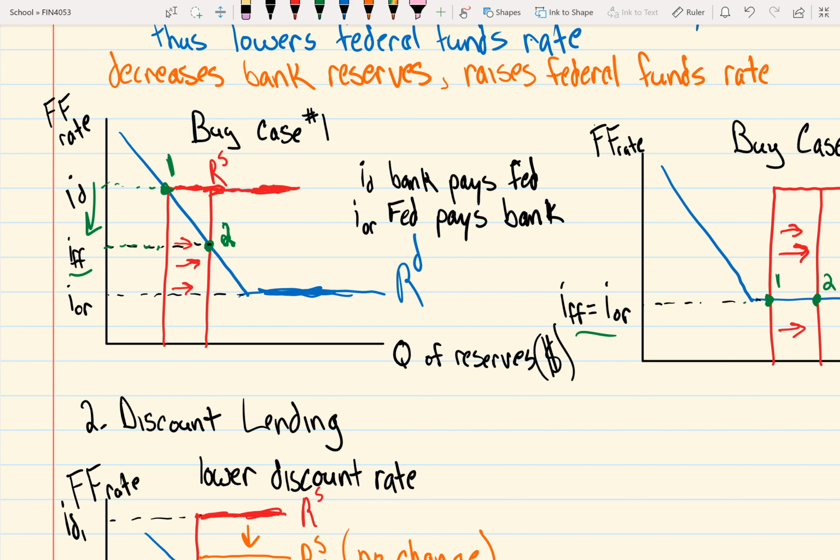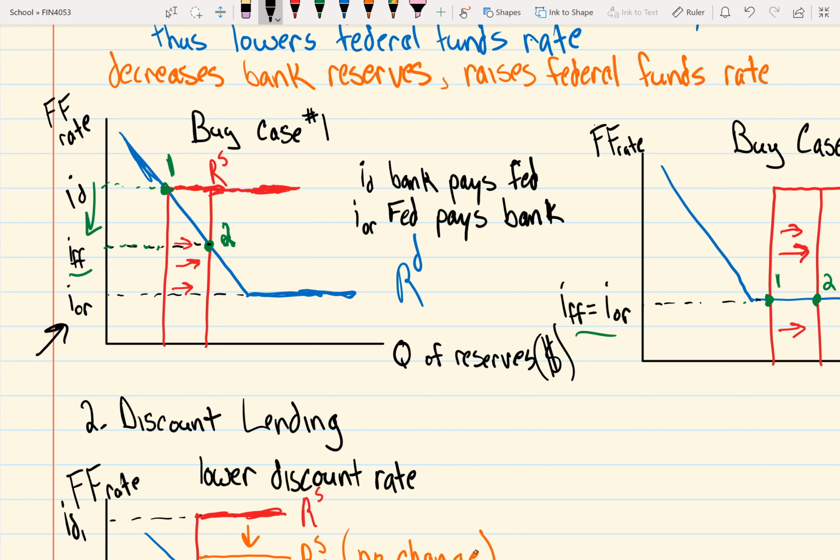On the other hand, this demand curve is obviously sloping downwards, which looks normal. But if you look down here, again, it is limited in a similar way, except this time it is by this IOR in the book, the interest on reserves.